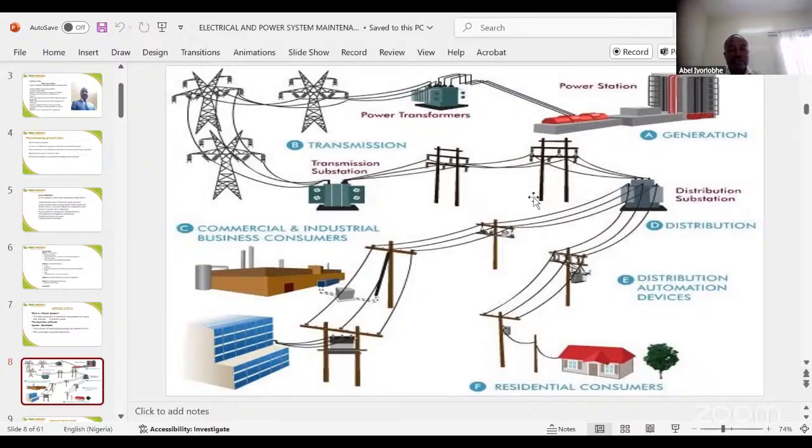So we have the generating station here. We have the power transmission that transmits power from where it is generated to where it is needed. So these are the various sources of a power generating system.